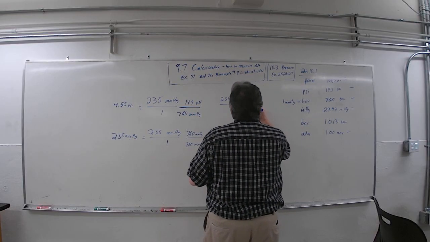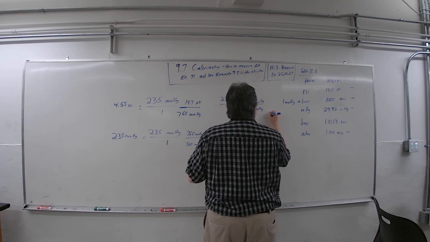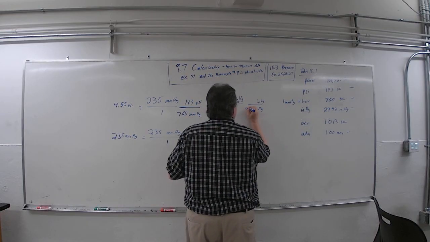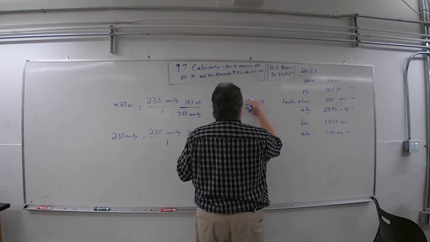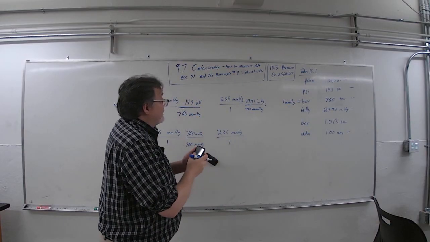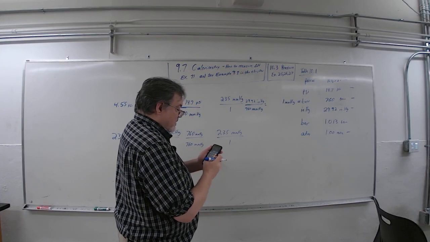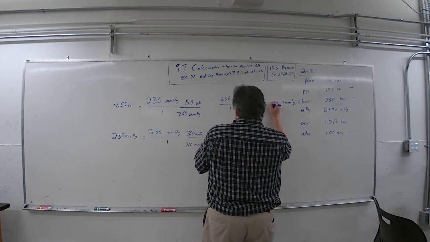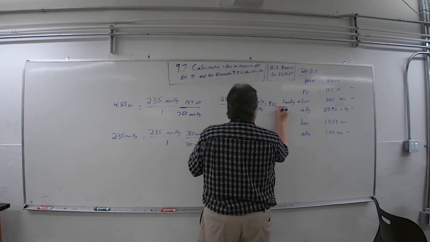Inches of mercury, so I want millimeters of mercury on the bottom, inches of mercury on top. The millimeters of mercury is 760. Inches of mercury is 29.92. So 235 times 29.92 divided by 760. I get 9.25 inches of mercury.